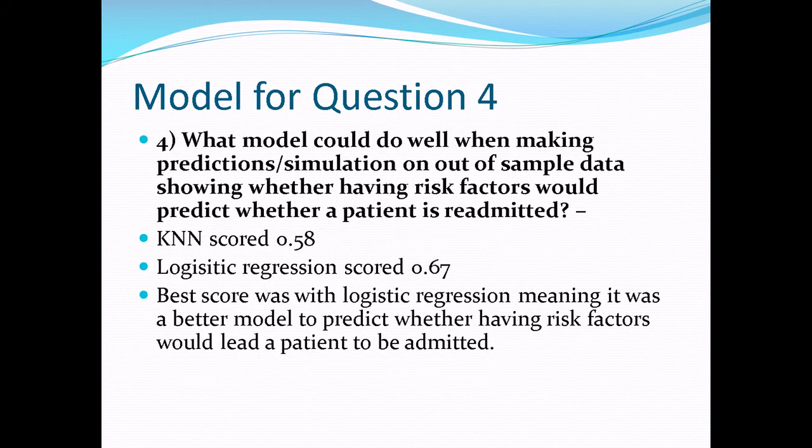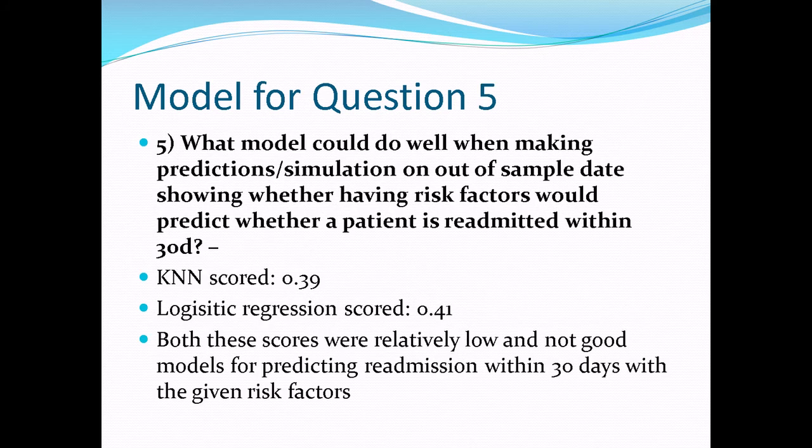In the next model we try to find the answer for whether having a risk factor would predict whether a patient is readmitted. KNN scored 0.58 versus logistic regression scored 0.67. The best score was logistic regression, meaning it was a better model to predict whether having a high risk factor would lead a patient to be readmitted.